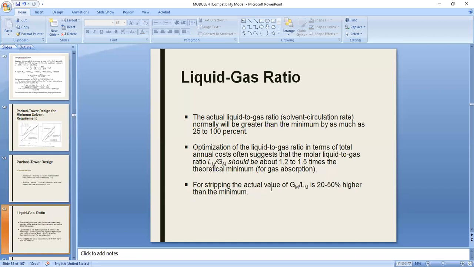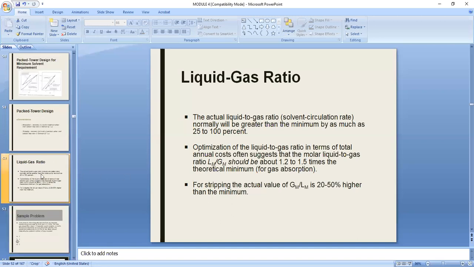For stripping, the actual value of the G sub M to L sub M is 20 to 50% higher than the minimum, which is the same as that in gas absorption. Again, using 50% more than the computed minimum based on the inert component balance equation.